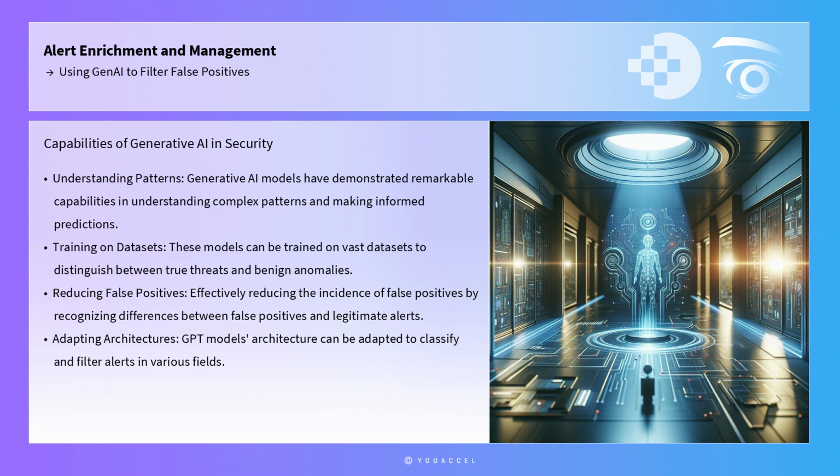Generative AI models have demonstrated remarkable capabilities in understanding complex patterns and making informed predictions. These models can be trained on vast datasets to distinguish between true threats and benign anomalies, effectively reducing the incidence of false positives. For instance, OpenAI's GPT models have been used in various fields to generate human-like text, but their underlying architecture can also be adapted to classify and filter alerts.